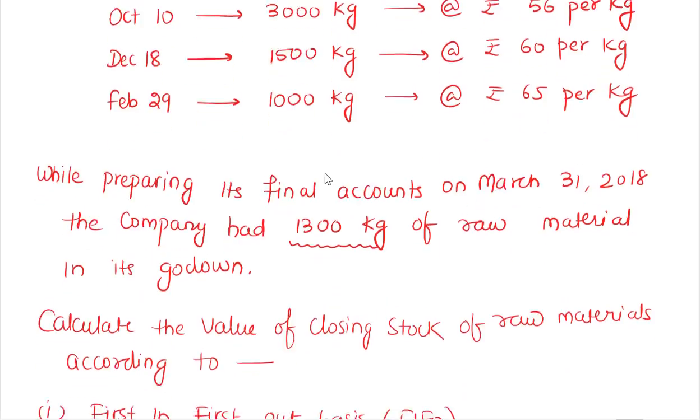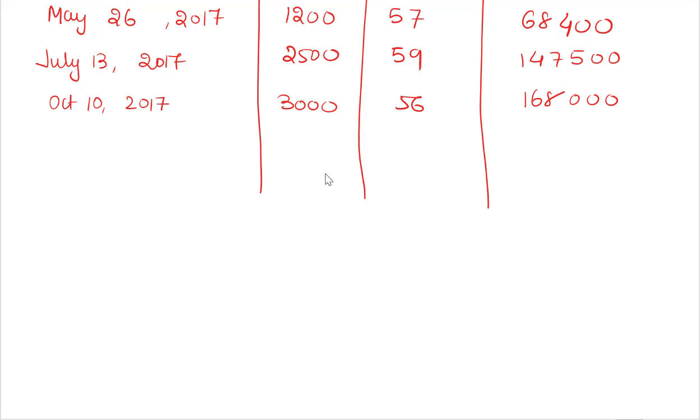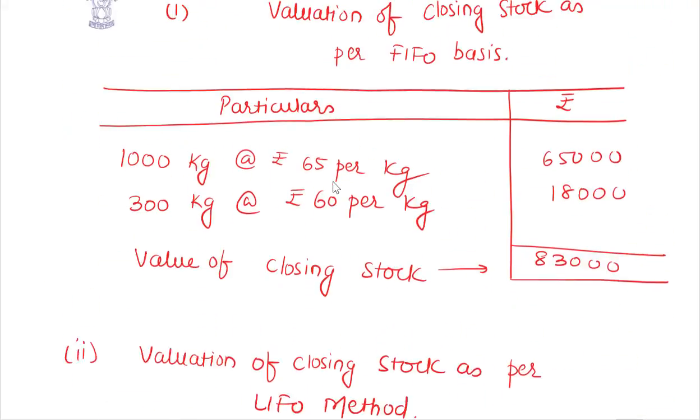December 18, 1500 kgs at 60, that is 90,000.